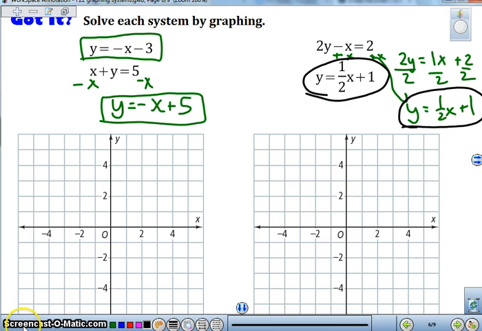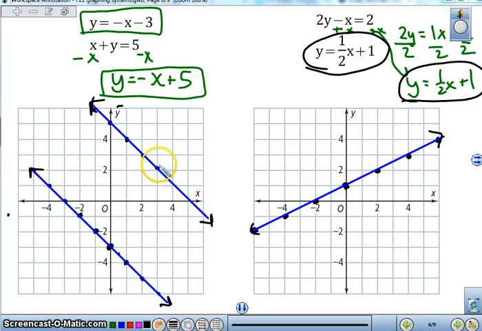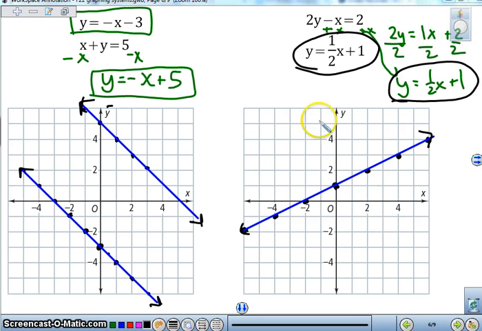I'll pause the video. You should do the same and make sure you plot yours. All right, so after you've paused the video, you can now see we graphed the first two equations and they're exactly parallel. They have the same slope of -x but different y-intercepts. One's down at -3, one's at +5. Parallel lines. What happened in that second equation is when I graphed y equals 1/2 x plus 1, I started at 1, slope of 1/2.